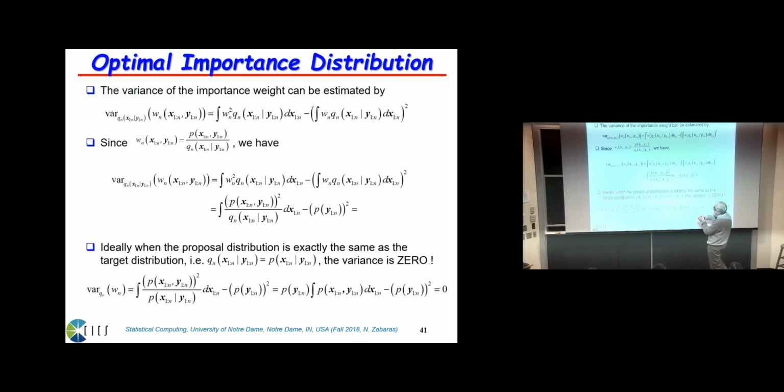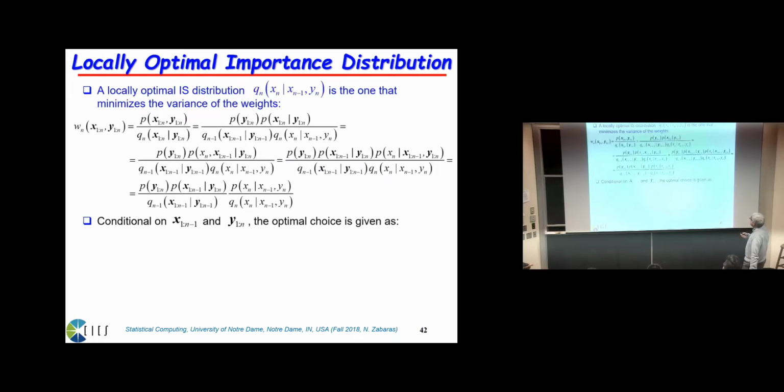But in this calculation, maybe you should look at it to see that you understand the notation. If you make this importance distribution equal to that, then indeed the variance of the weights is 0, and so the algorithm in many ways is optimal, but that's not very useful. So let's see what we can do here.